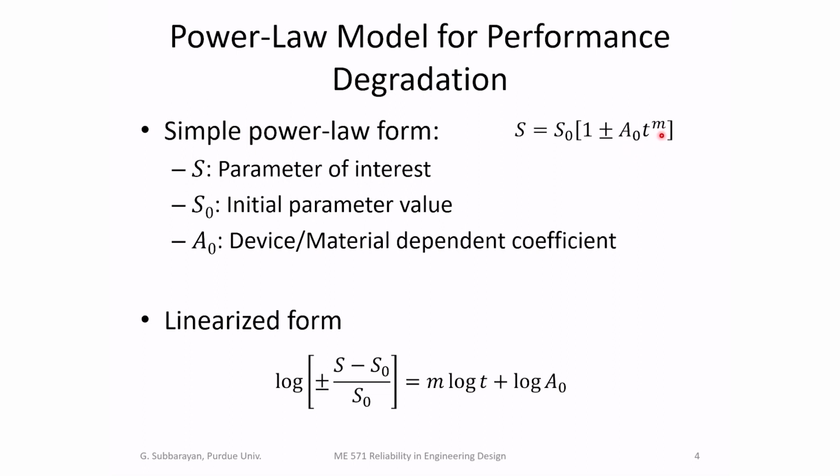M is another material dependent constant as well. So S is some parameter of interest to us. S, as we will see in an example that we will work out in module 6.2, could be the thickness of the oxide layer, or how far a part is corroded, the thickness of the corroded portion of a part.